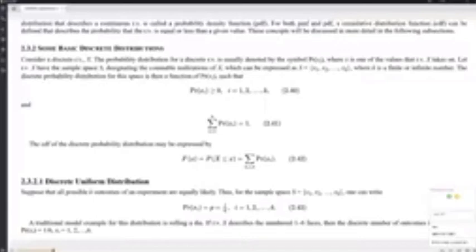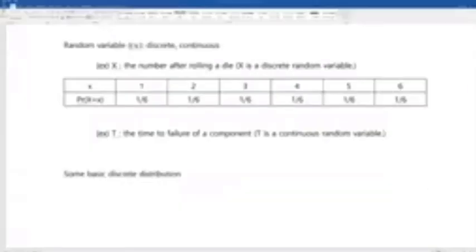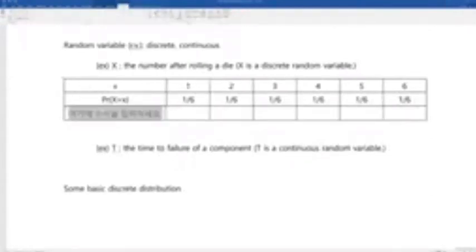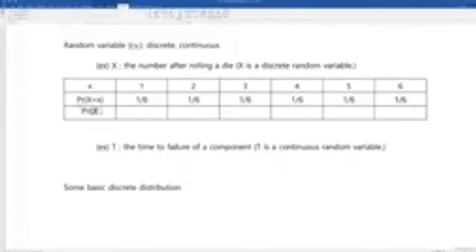When we go back to our rolling a die example, here it is the probability that the outcome will be exactly x.